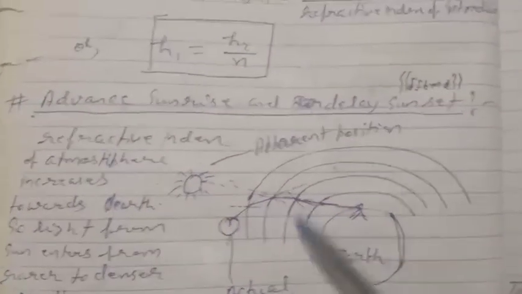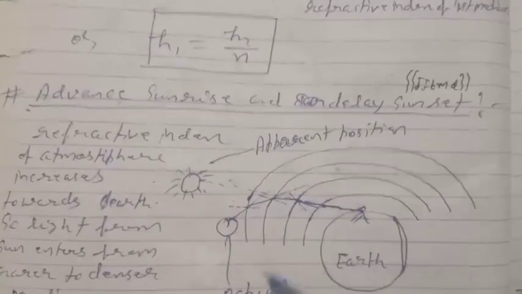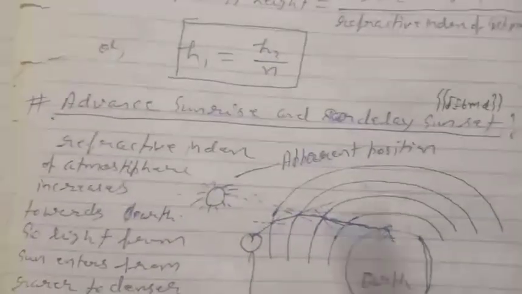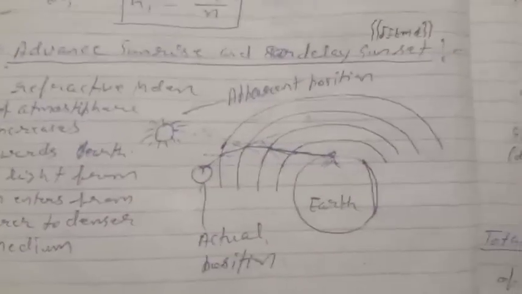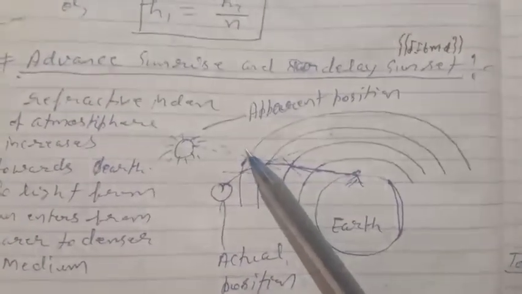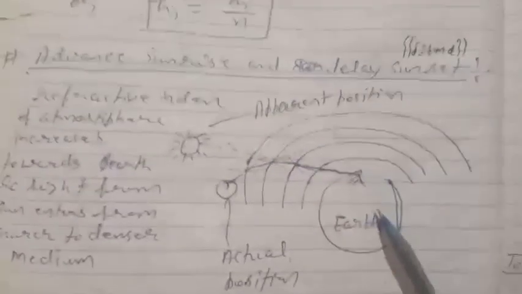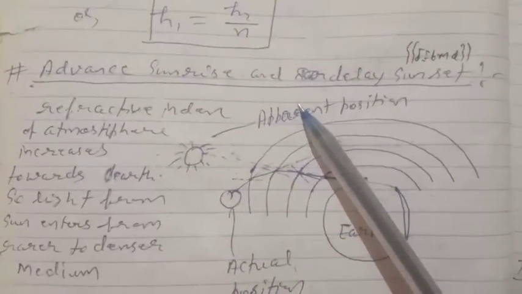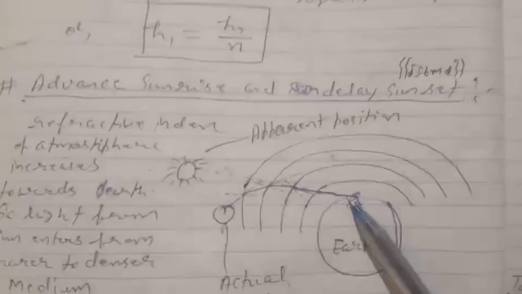The earth's atmosphere can be considered to be made of many layers with different refractive indices, and the refractive index increases as we go towards the earth's surface.